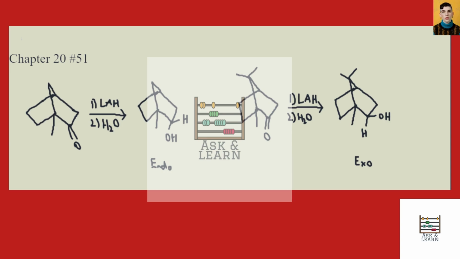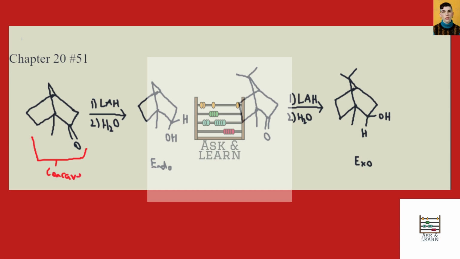So in the reaction on the left, we have the hydride being delivered from above the ring. And this is really due to two things. So we have sort of the concave shape of the ring here. So we'll just say concave.